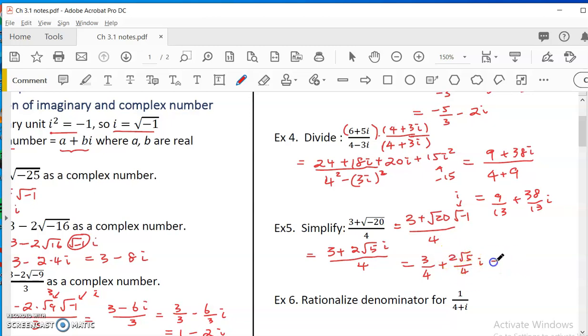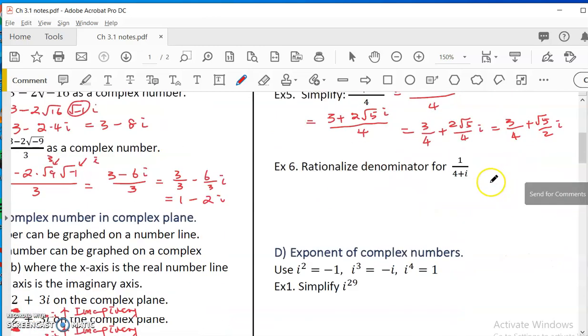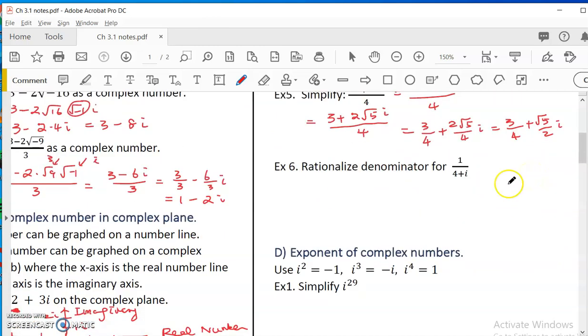2 and 4 you can simplify further still. You go plus root 5 over 2 i, like that. If you have a fraction where the top is 1, but the denominator is two things, you rationalize the denominator by eliminating i in the denominator. So what's the complex conjugate? It's 4 minus i.